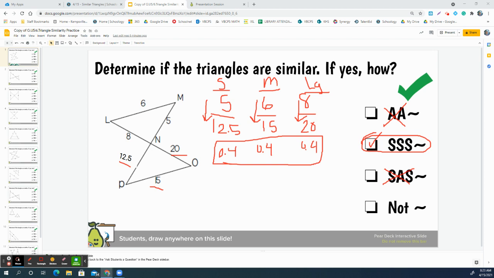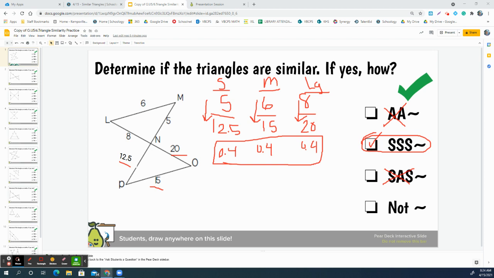So remember in number 2, you can mark those vertical angles. So you can always mark the vertical angles. And then you've got 2 sets of sides. So it can't be angle, angle. You don't have 2 sets of angles. You only have 1. It can't be side, side, side because you don't have 3 sets of sides. You only have 2.